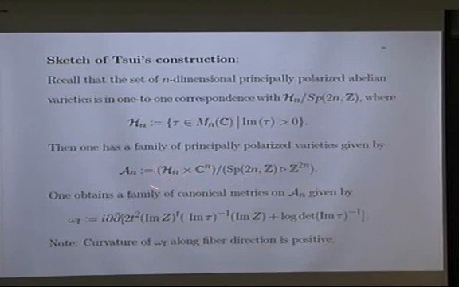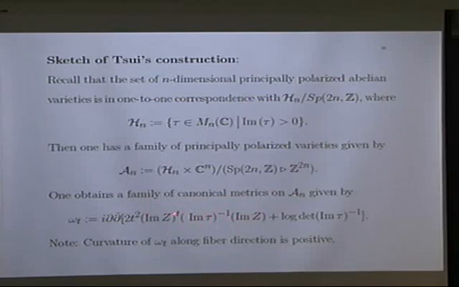On the universal cover, you can construct some canonical metric, so to speak. On each fiber, when you fix tau, it's just given by z-bar transpose z. So it's just Euclidean, the flat metric on the fiber, but then it varies when tau varies.